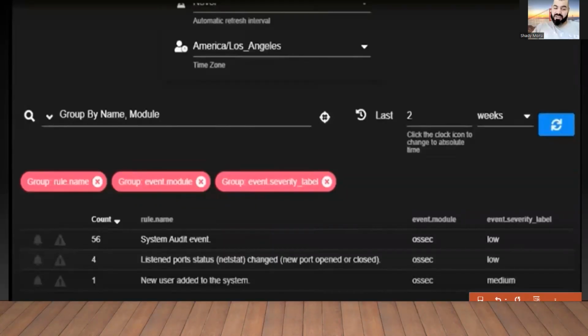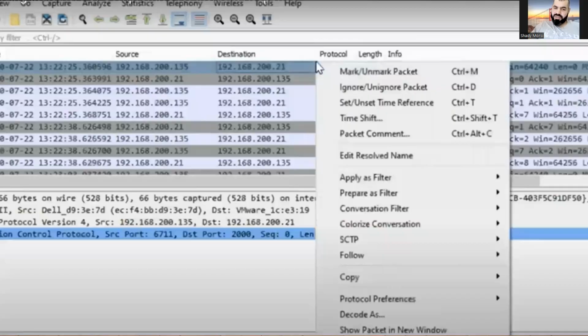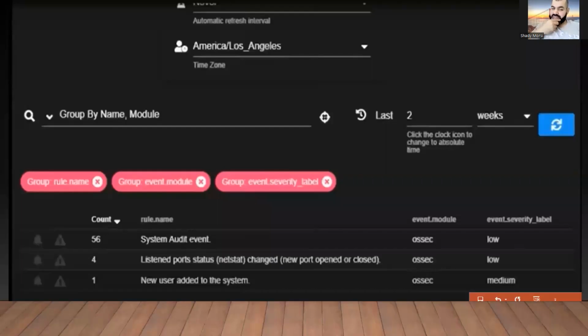As you can see here, this is just the last slide we'll see before we have a break. Here, guys, you have this screen over here. It's coming from OSSEC. OSSEC is also a SIEM solution, and you can see there is a new user that has been added to the system.